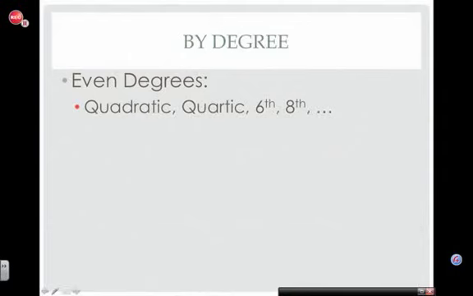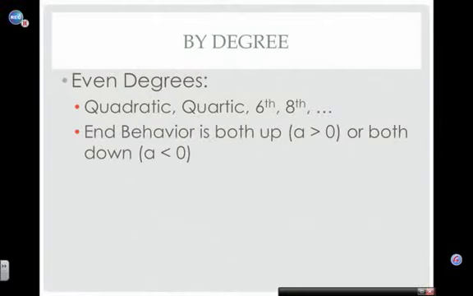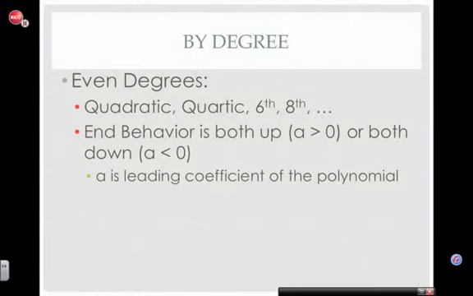If you have an even degree polynomial, that's our quadratics and our quartics, or our second and fourth power polynomials, and our sixth degree, or 8th degree, or 10th degree, etc., etc. The end behavior, so what's happening on both sides of the function, is it's both up, so it goes up, up, or opens up, like we did talk about our quadratics, if a is positive, and it goes both down if a is negative. And you have to remember that a is our leading coefficient of the polynomial, the number in front of the biggest degree.